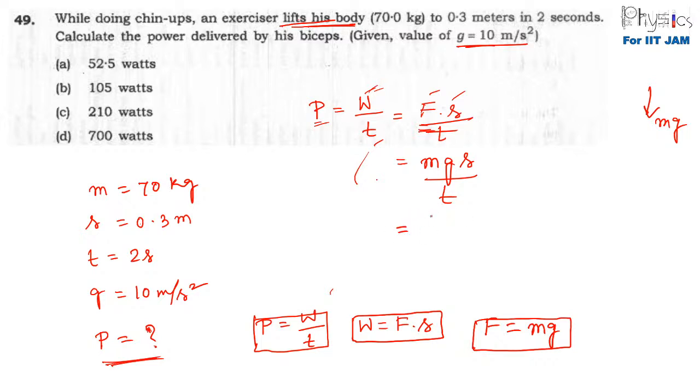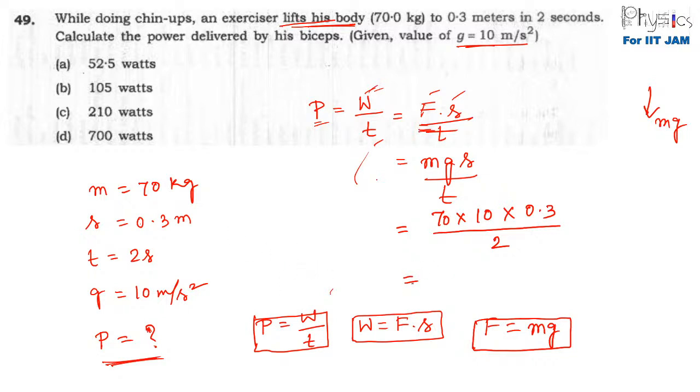So if we put m equal 70 kg, g equal 10 meter per second square, s equal 0.3 meters by t means 2 seconds, then tell me what is the answer for this question.